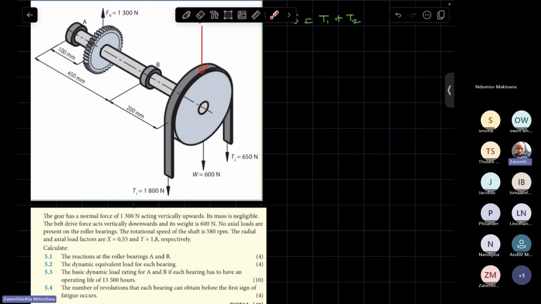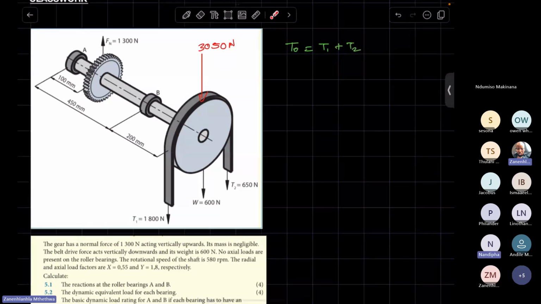So always in calculating the radial supports at the bearings, you use moments to calculate the magnitude of the radial supports for this one, and the same for this one. Then once you've calculated the magnitude using moments, you test your answers using the sum of forces going up is equal to the sum of forces going down. Are we clear here?